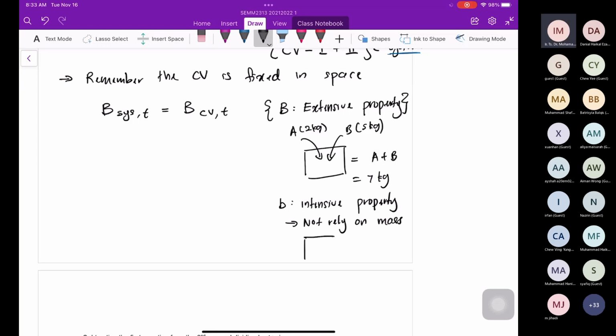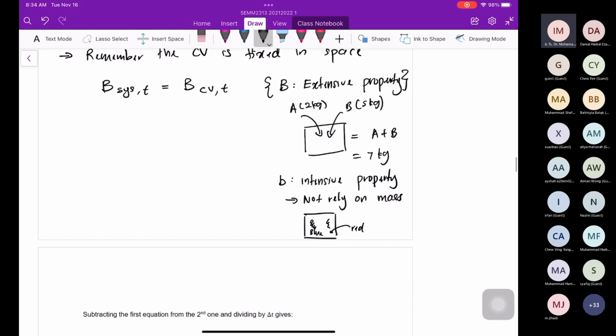For example, this is the system. You draw the color blue, and then you draw, this is red. So does it change the amount? No, right? It is the color. So it will not change the amount. For example, the temperature.